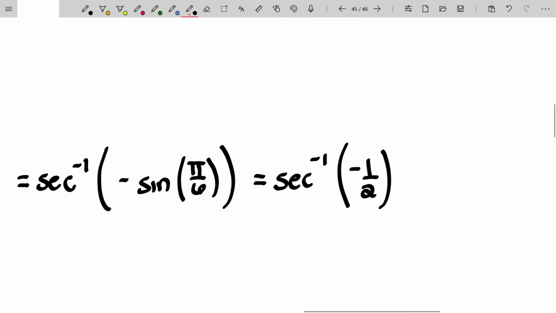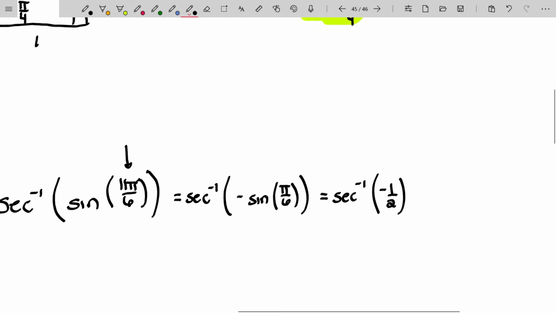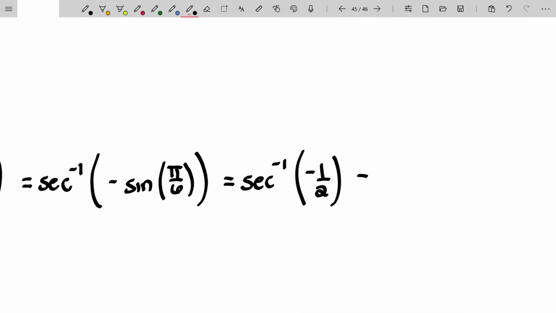And this is an interesting problem, because this is supposed to equal an angle where, this should stop us in our tracks in a moment, secant of that angle will equal a negative 1/2.